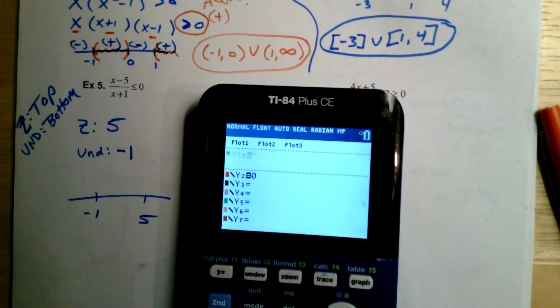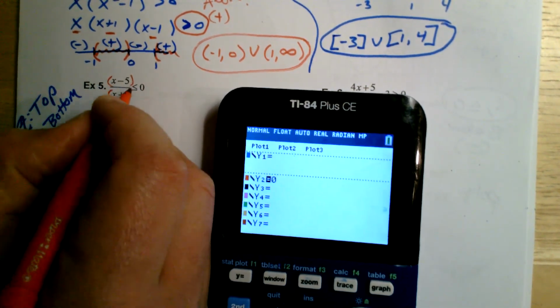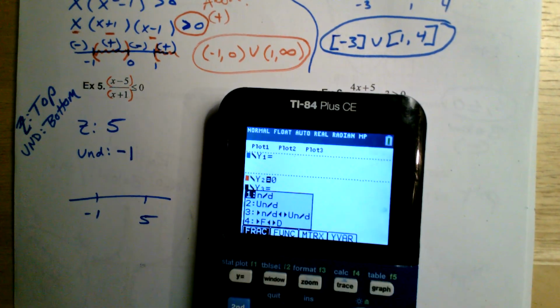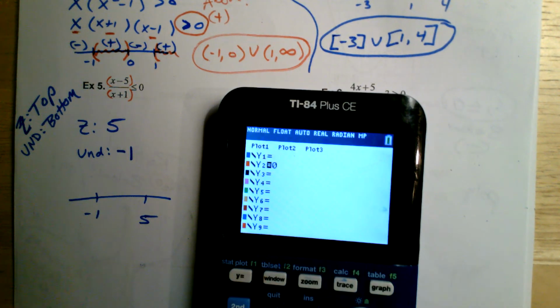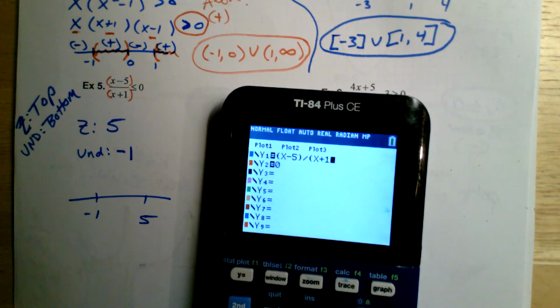You people like to graph these. Remember, if you've got a TI-83, use parentheses here and here. Okay, if you've got the 84, you can do alpha y equals and do number 1. Whatever you want. I'm going to use parentheses for my 83 peeps. I've got parentheses x minus 5, close it, divided by parentheses x plus 1, close it.